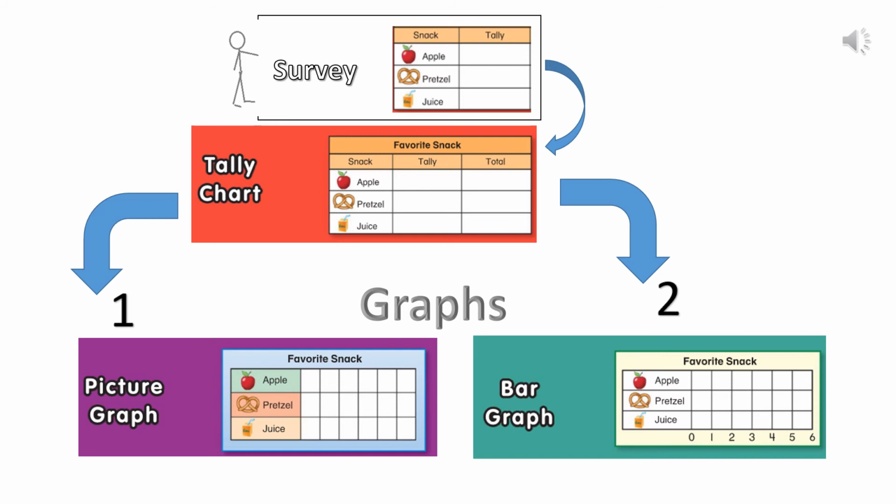Then the survey would be used to create a tally chart. The tally chart looks just like the survey, except it has an extra place to put the number that matches the tally marks. And from the tally chart, going down to the 2 bottom pictures, number 1, you could produce a picture graph, or number 2, you could use the information from the tally chart to produce a bar graph.